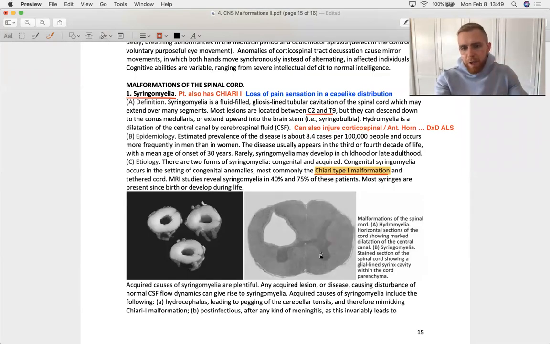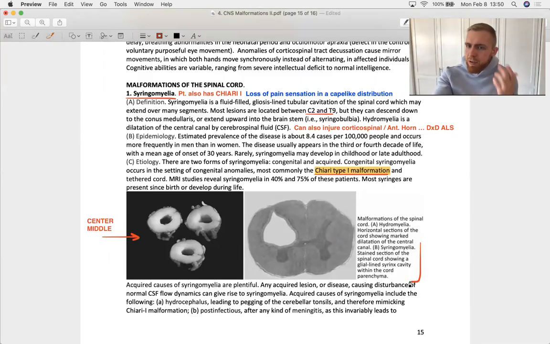So a big difference between Syringomyelia and hydromyelia. Hydromyelia is always in the center or in the middle of the spinal canal. You will not see hydromyelia off to the side like this. But a syrinx is kind of like a spinal cord version of a cyst, and there's really no rhyme or reason.